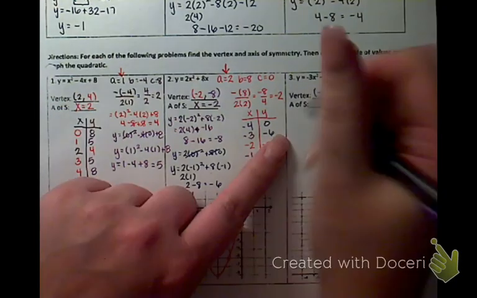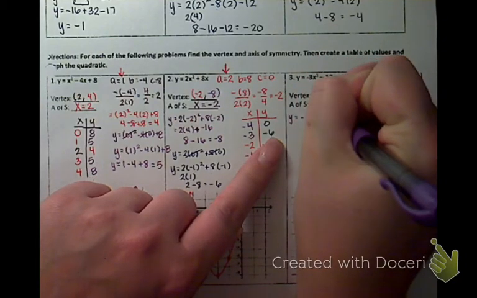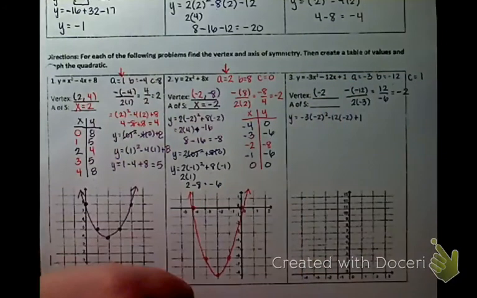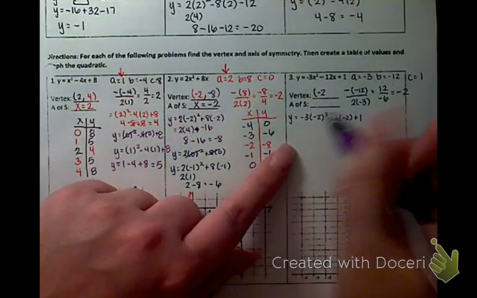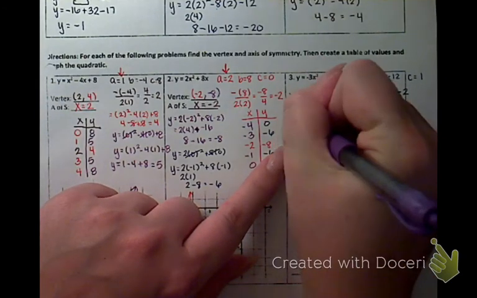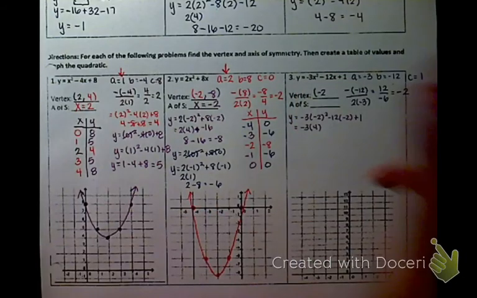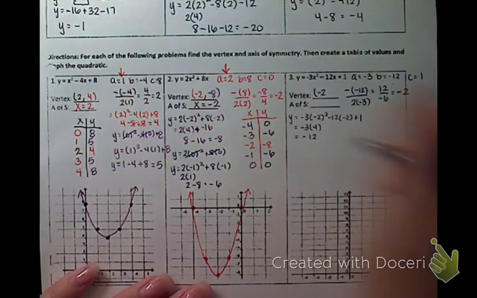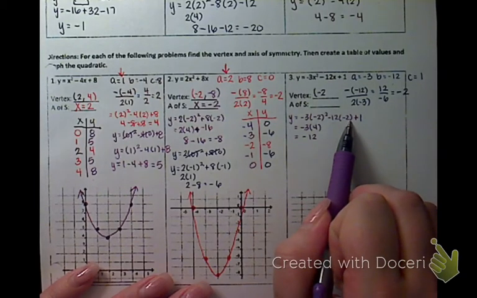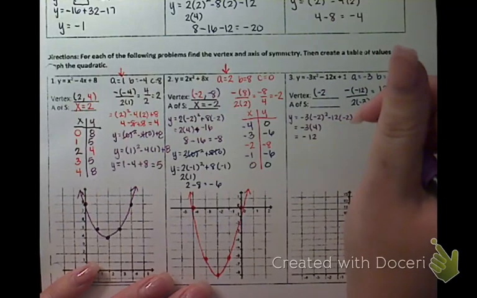I'm going to plug that in to find y. So negative 3 times negative 2 squared minus 12 times negative 2 plus 1. Negative 2 squared is a positive 4, so I have 3 times 4, which is really a negative 12. And negative 12 times negative 2 is a positive 24.